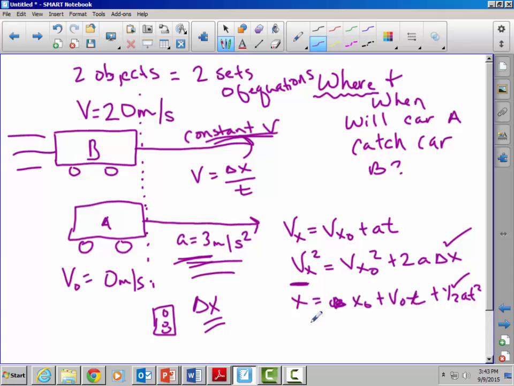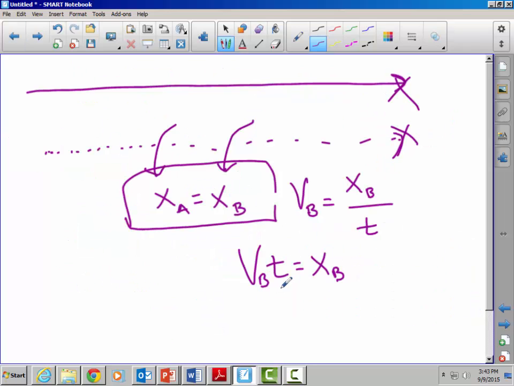So for your position here, let's look at this formula. The other reason why I want to use this formula is because this formula has time in it, and so does this formula. So that's going to put all of my unknowns in terms of time, which is going to be incredibly helpful.